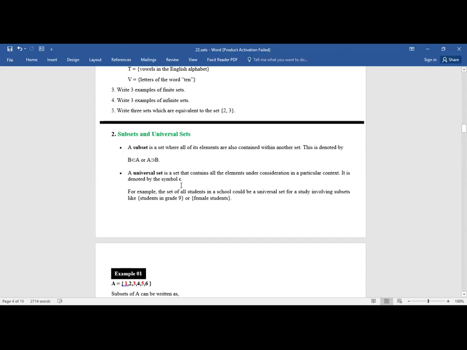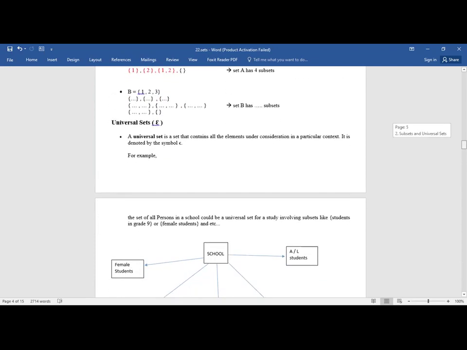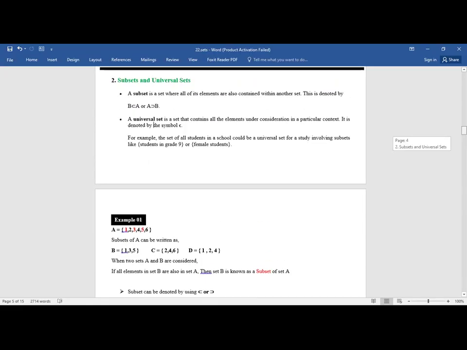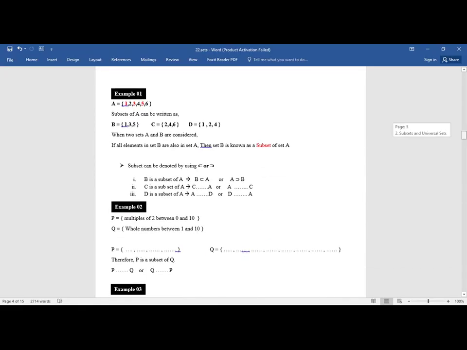So we are going to explain this in a different way also. I'm going to explain it somewhere here. So this is also a universal set. For now, I will keep it like this, and shall we do an example?